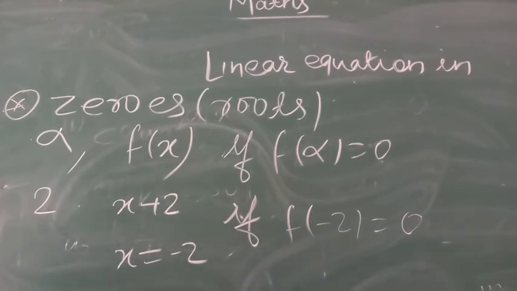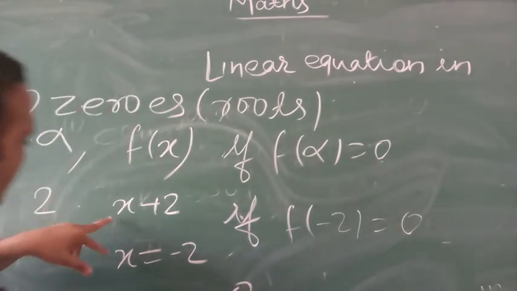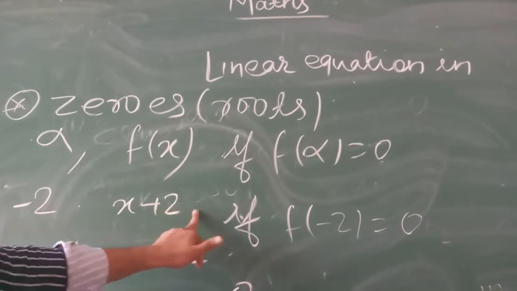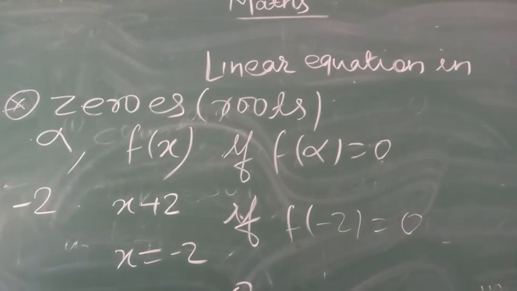Putting the value x equal to minus 2, minus 2 plus 2 equal to 0. So minus 2 is the zero or root of x plus 2.